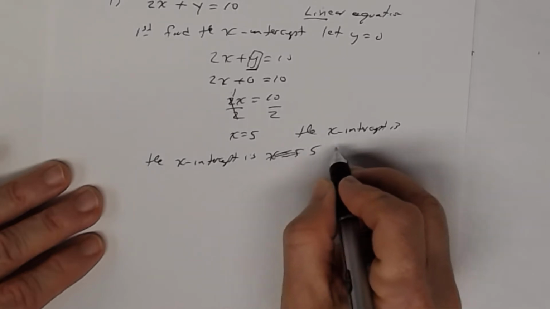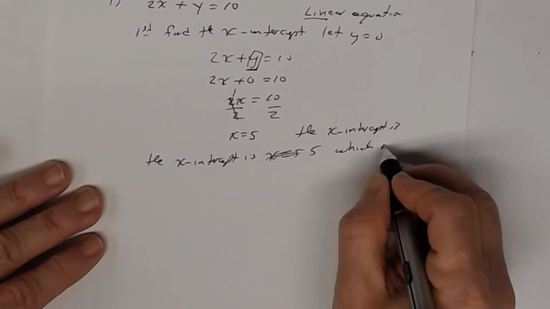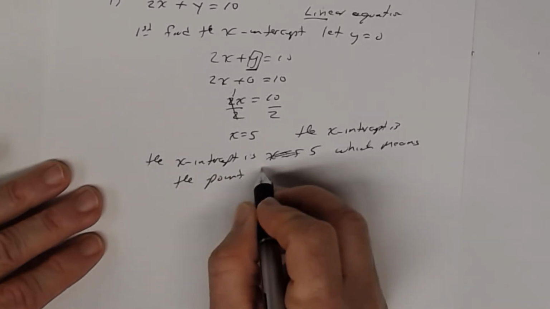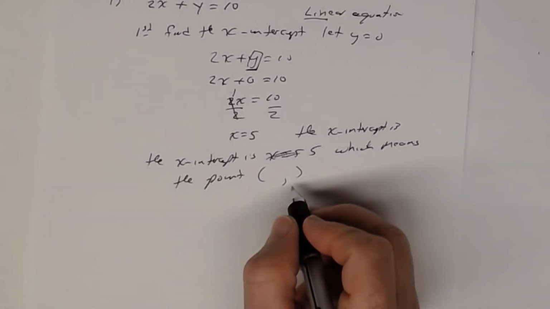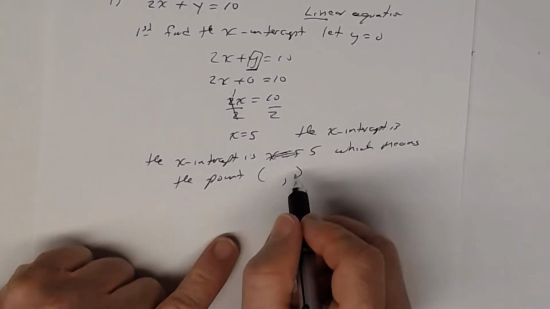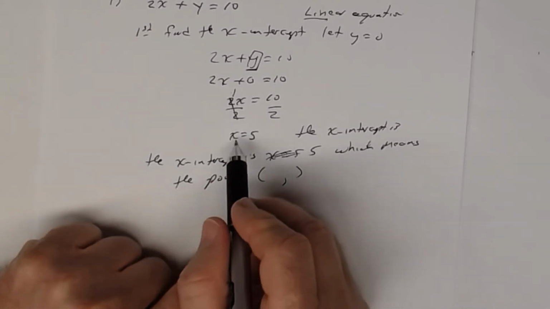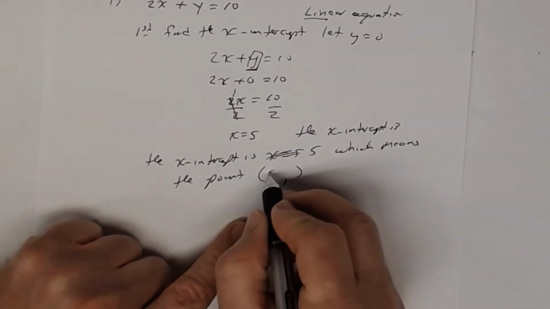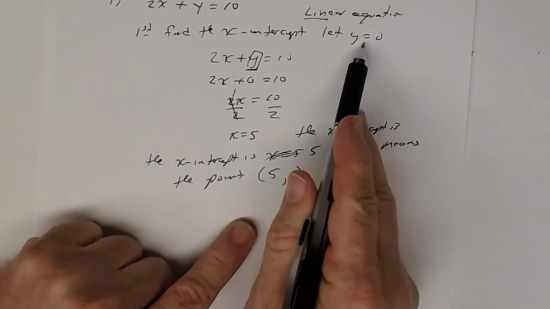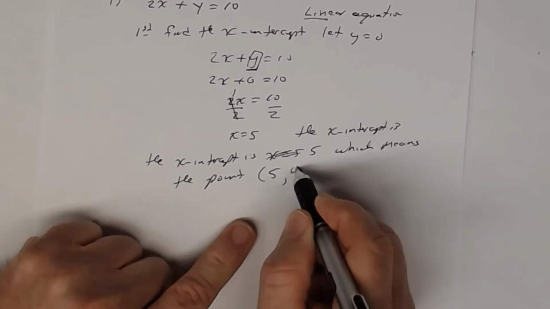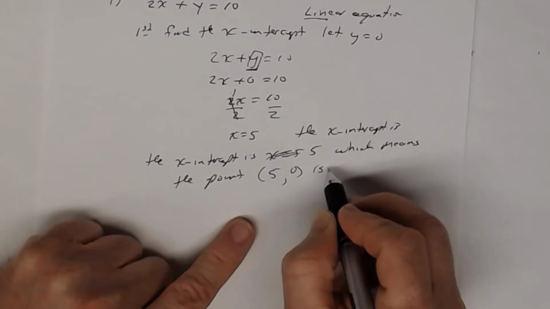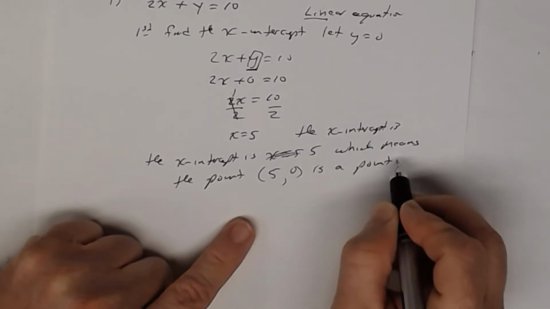That means the point, and make sure when you label this as a point, you put it correctly. Your first coordinate is your x, and your second coordinate is the y. I just found x equal 5, so I put that here. The y-coordinate is 0, because that's how I found it. So the x-intercept is 5, which means the point (5, 0) is a point on the line.